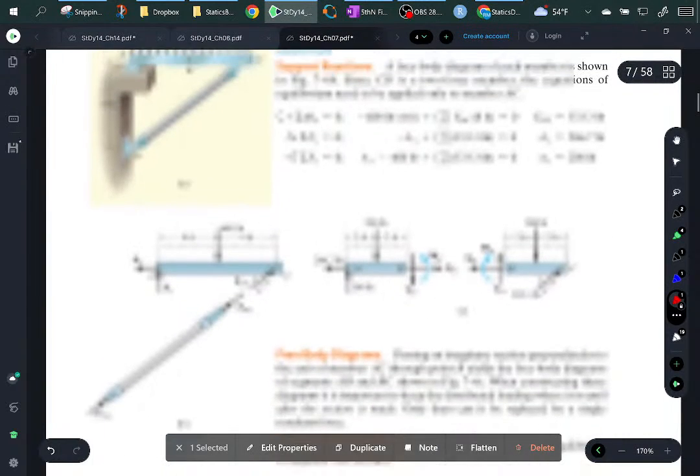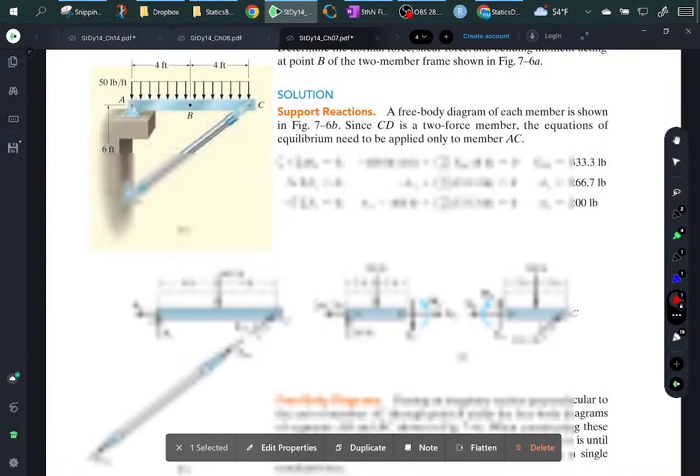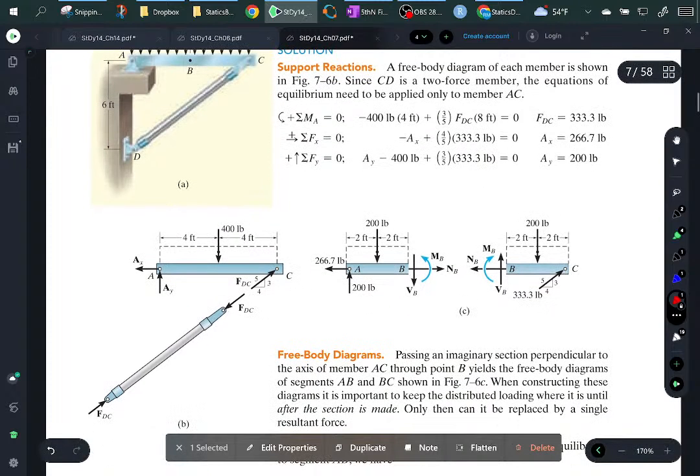So all these problems look the same. This one's a little bit different in that it has a bar stuck down here. And this bar is giving you the direction. And all that does is tell you that you can work this force out right here.